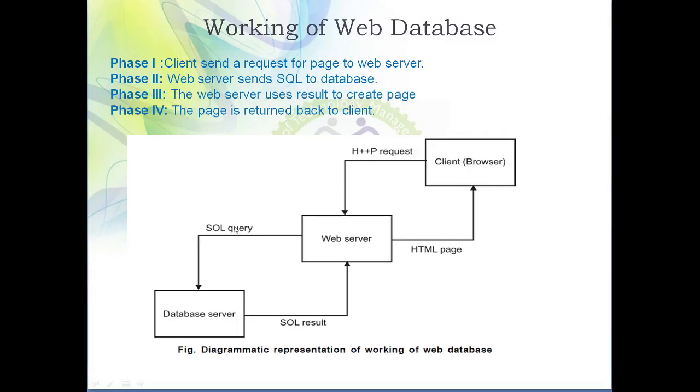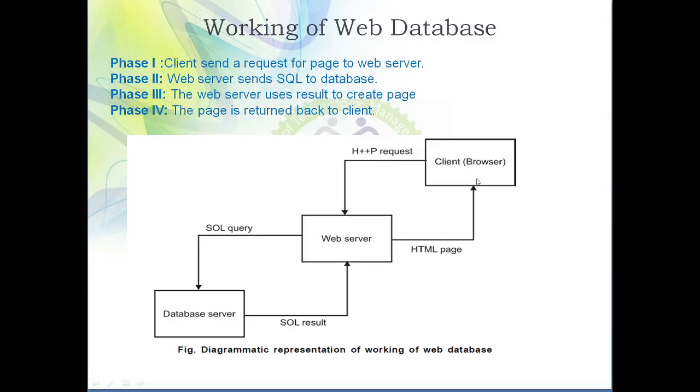Then the web server sends a SQL query to a database server, where the query is executed and a SQL result is generated. That result is given back to the web server, and the web server gives it as output in the form of an HTML page back to the client browser.